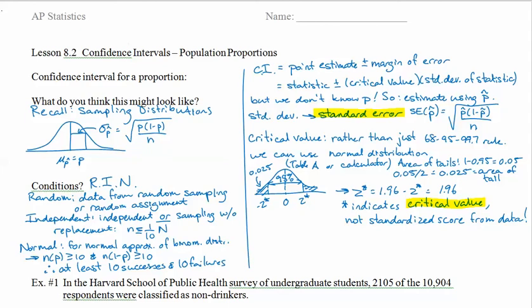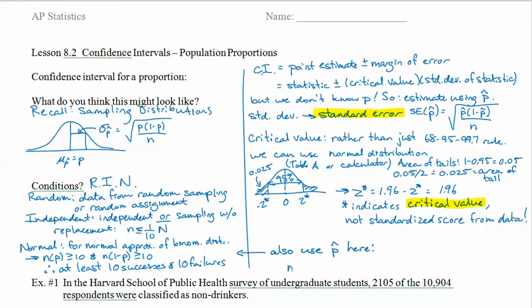Remember, we are using our sample proportion instead of our population proportion, and so when we do our normal calculation, we are also going to use the sample proportion here.